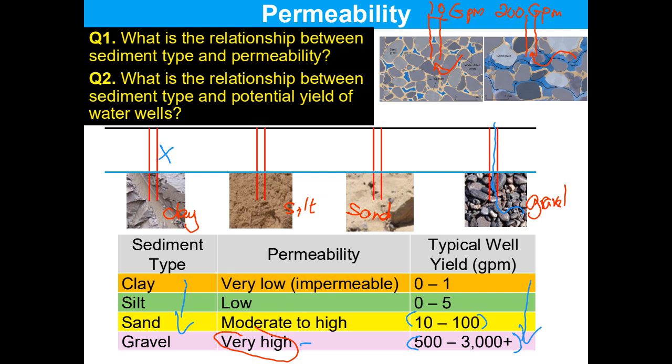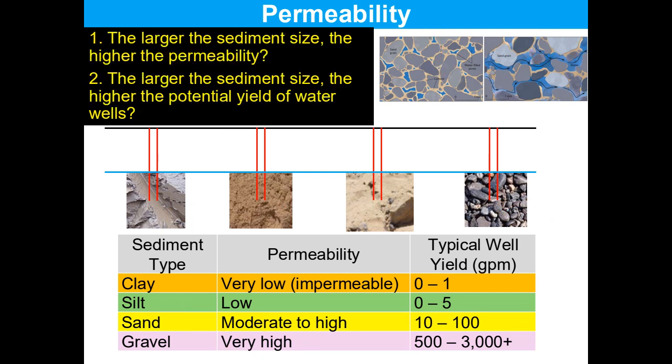The typical well yield also increases. So the larger the sediment size, the higher the permeability. And that's what you have here. When you go from clay to gravel, the larger the particle, the higher the permeability. And the larger the sediment size, the higher the potential yield of a water well. Okay.